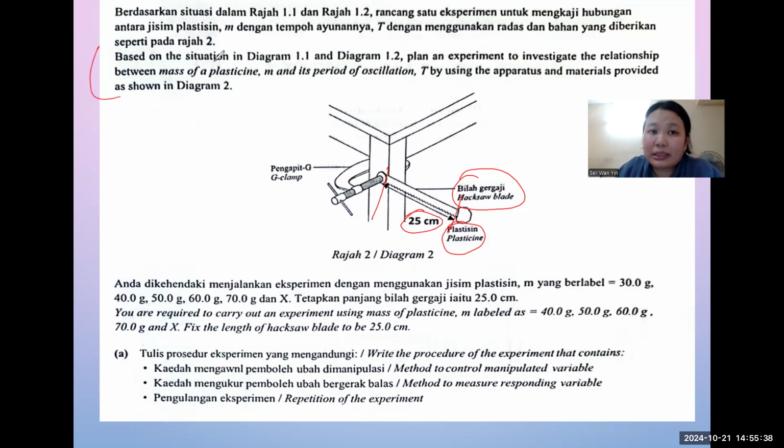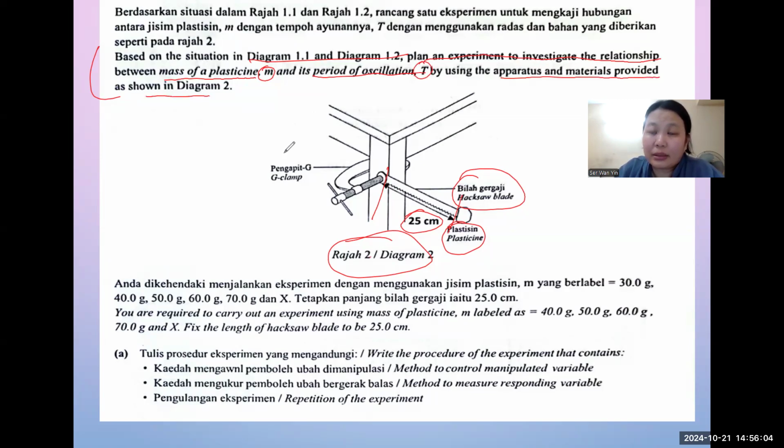They say, based on the situation in diagram 1.1 and diagram 2, plan an experiment to investigate the relationship between the mass of plasticine, M, and the period of oscillation, T, by using the apparatus and material provided in diagram 2.